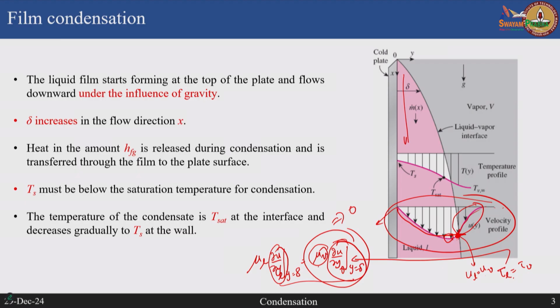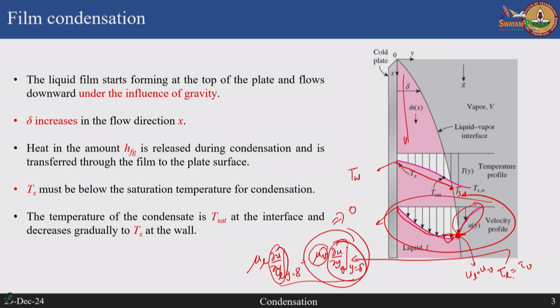So, this was his velocity profile, and the temperature profile actually looks more non-linear like this, but he assumed a linear profile between the saturation temperature at the interface of the film and, at the surface, the wall temperature.